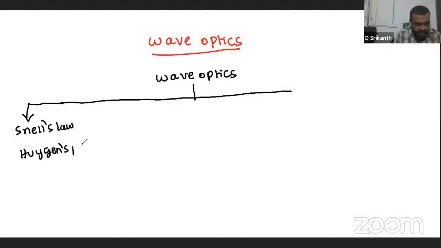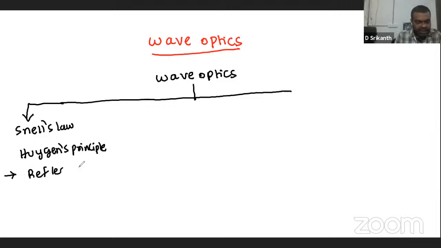By applying the Huygens principle, we need to prove reflection of light and refraction of light by using the Huygens principle.